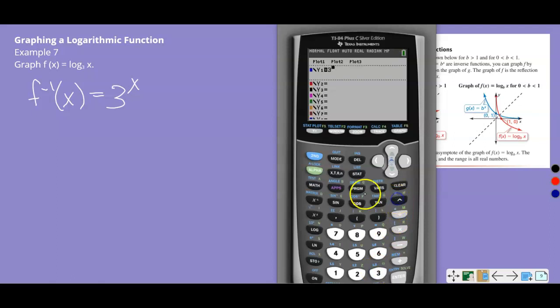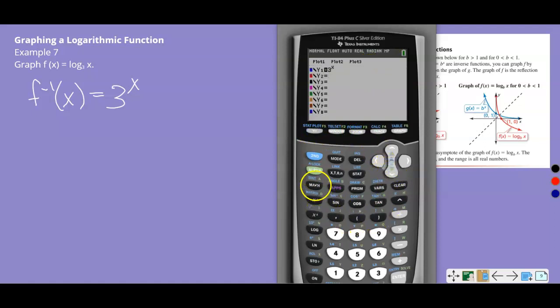So we're going to graph the exponential function here. And again, if you wanted to sketch the graph, you simply do second graph, which is your table of values. Pick 3 or 4 values and put those points, and then you could sketch that graph. So let's go back to y equals and graph the logarithm function.